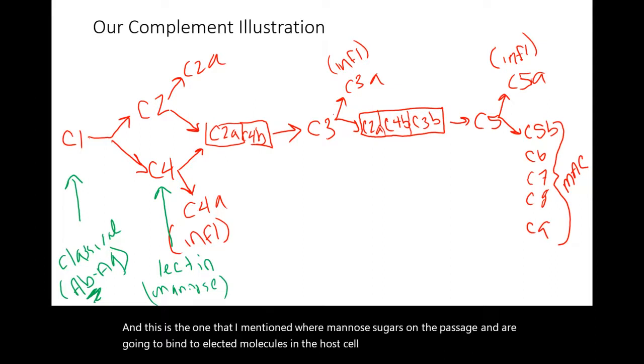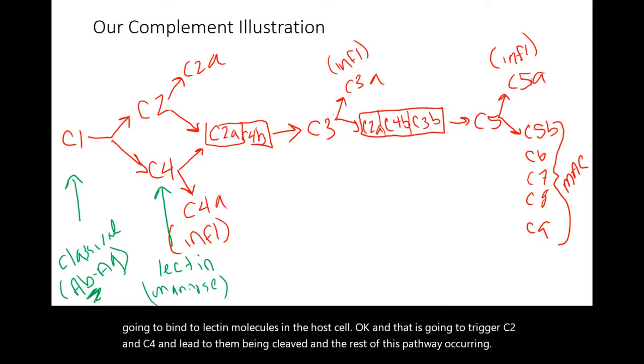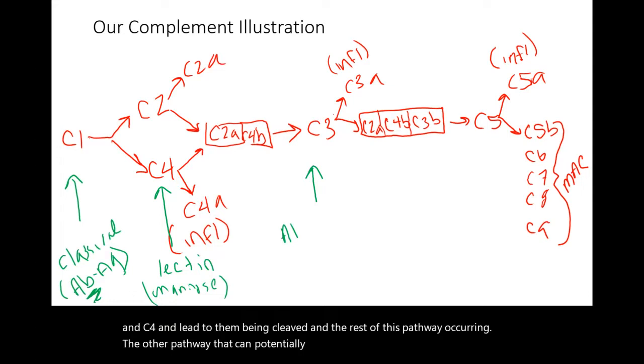And that is going to trigger C2 and C4 and lead to them being cleaved and the rest of this pathway occurring. The other pathway that could potentially be triggered is called the alternative complement pathway.